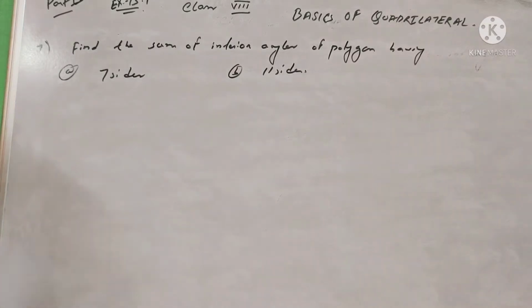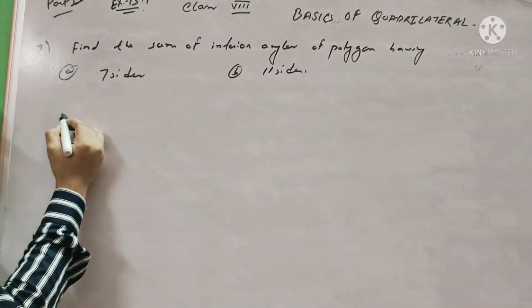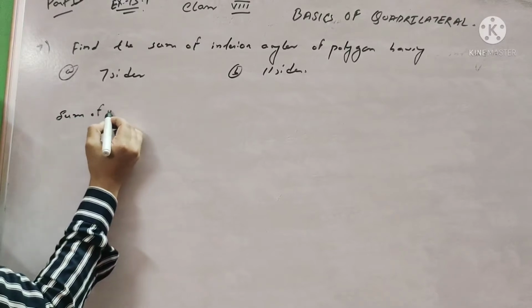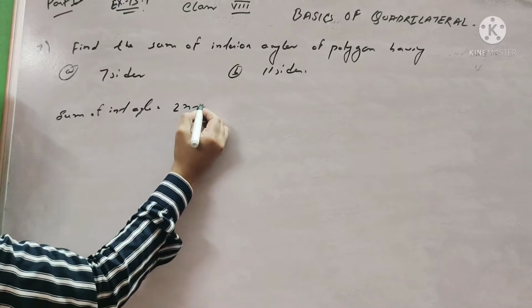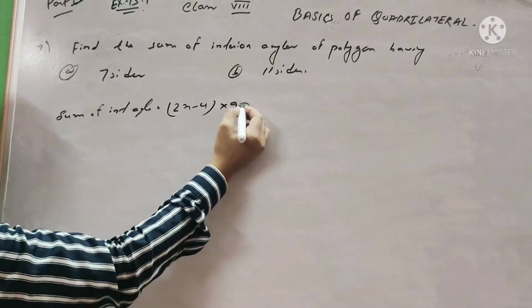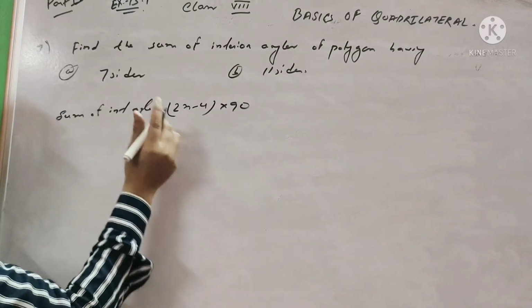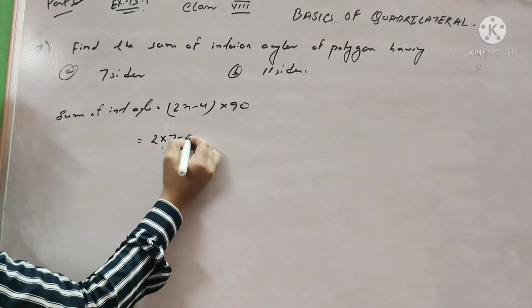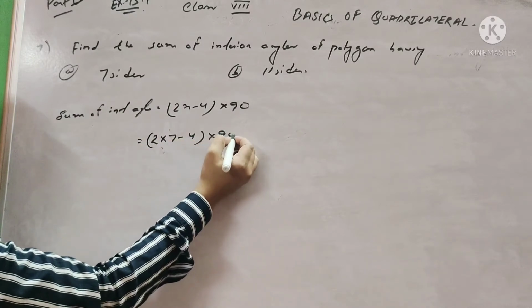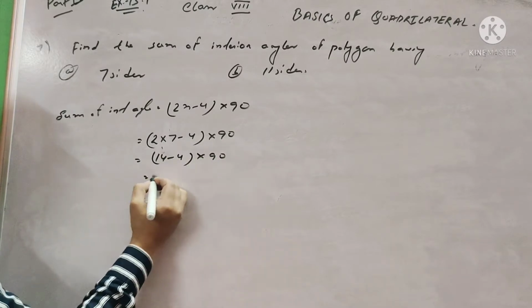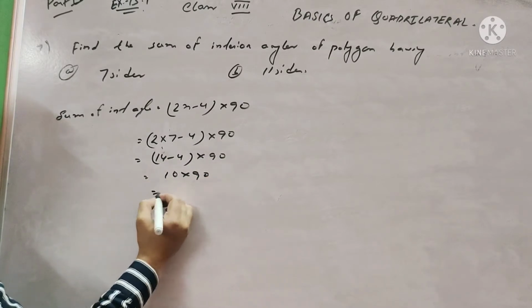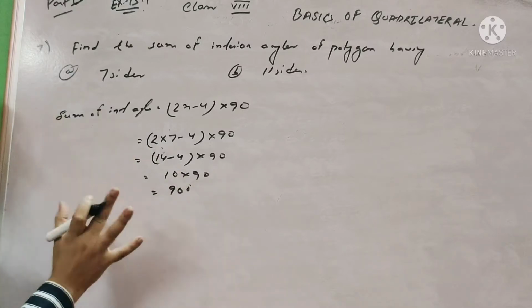Okay, so first of all we know the formula: sum of interior angles equals (2n minus 4) into 90. So in place of n we write 7: 2 into 7 is 14, minus 4, into 90. This is 10 into 90, that is 900.